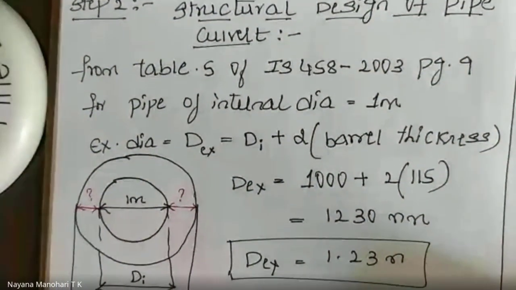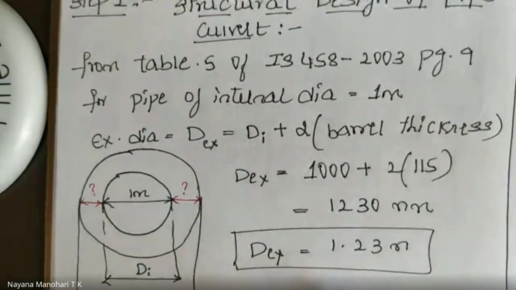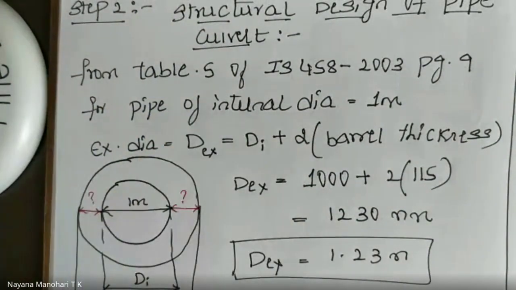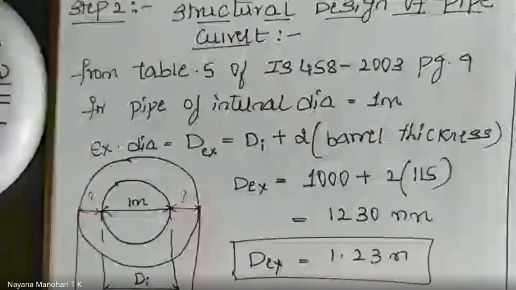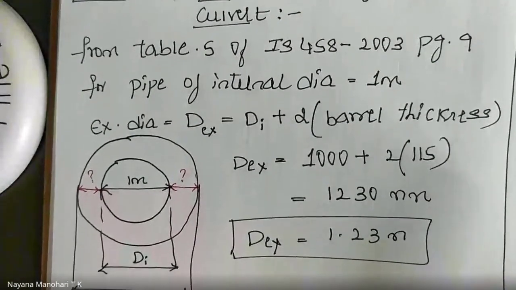You understood, right? How to calculate the external diameter, from table 5. I chose table 5 because I chose the class NP3. Usually you are going to use NP3 pipes only, that too a reinforced concrete pipe. From that table, for internal diameter of 1 meter, I picked out the barrel thickness data, that is 115.